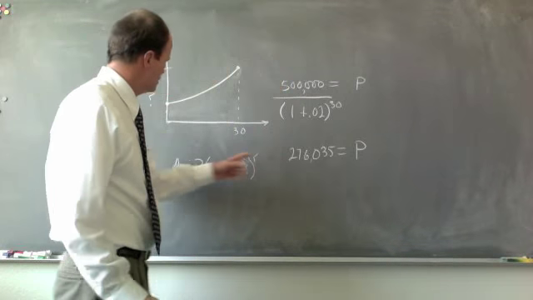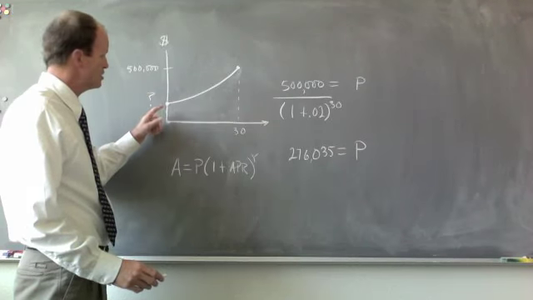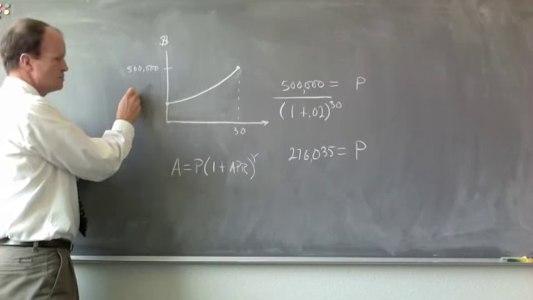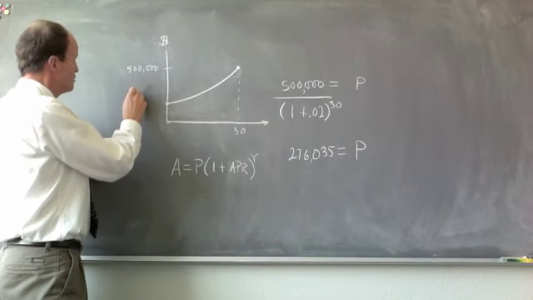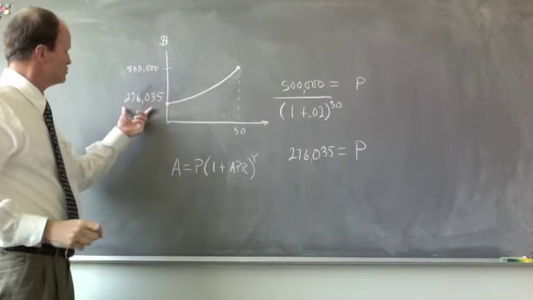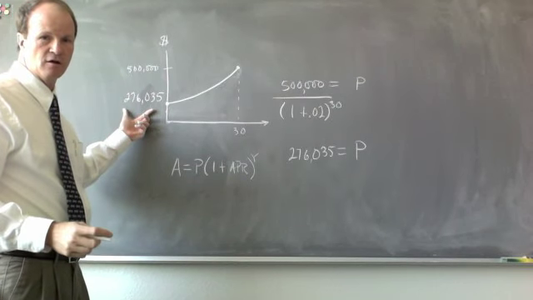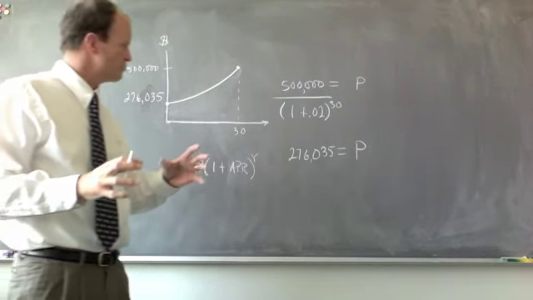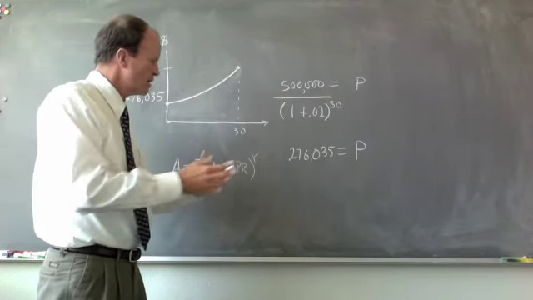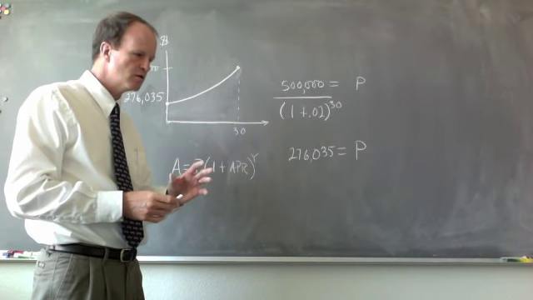So that is to say that in today's dollars, we could argue that $500,000 would have the buying power of approximately $276,035.